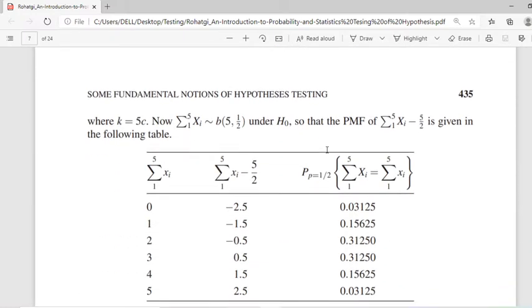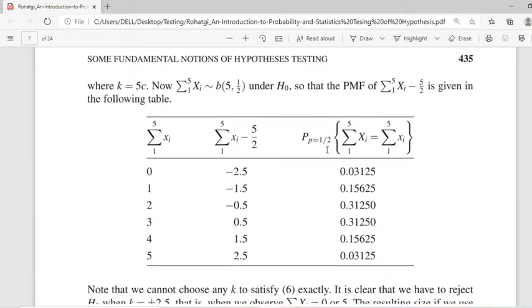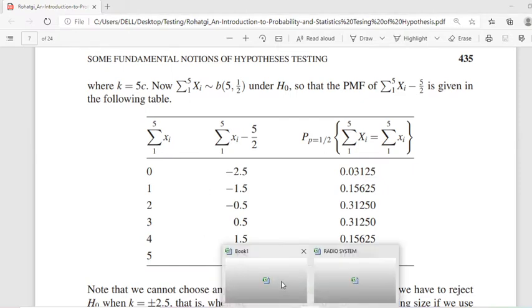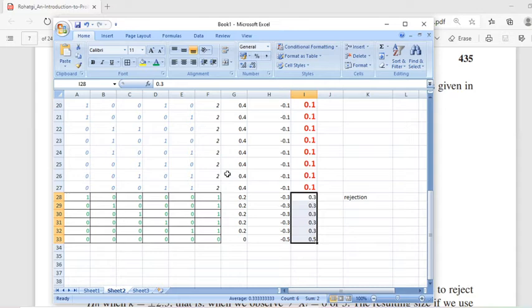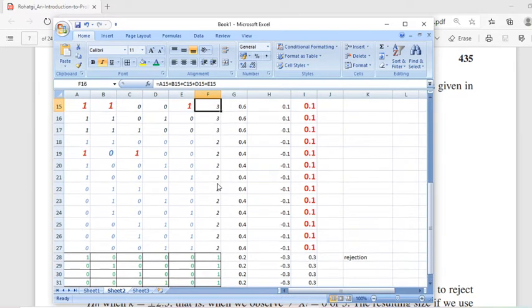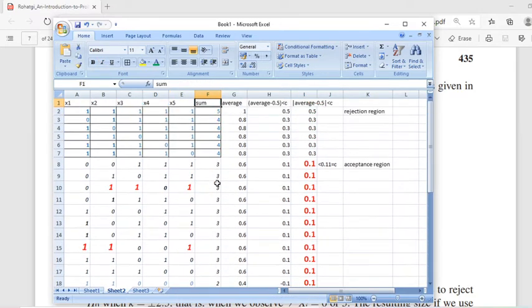Now look at this table. What are the possible values of the summation of xi, i from 1 to 5? From this table the possible values are 0, 1, 2, 3, 4, and 5. These are the sum values.